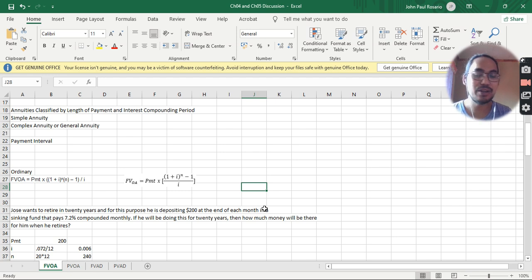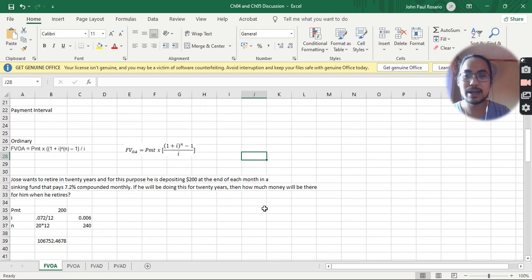For example, Jose wants to retire in 20 years, and for this purpose he is depositing $200 at the end of each month in a sinking fund that pays 7.2% compounded monthly. If he does this for 20 years, how much money will be there for him when he retires?